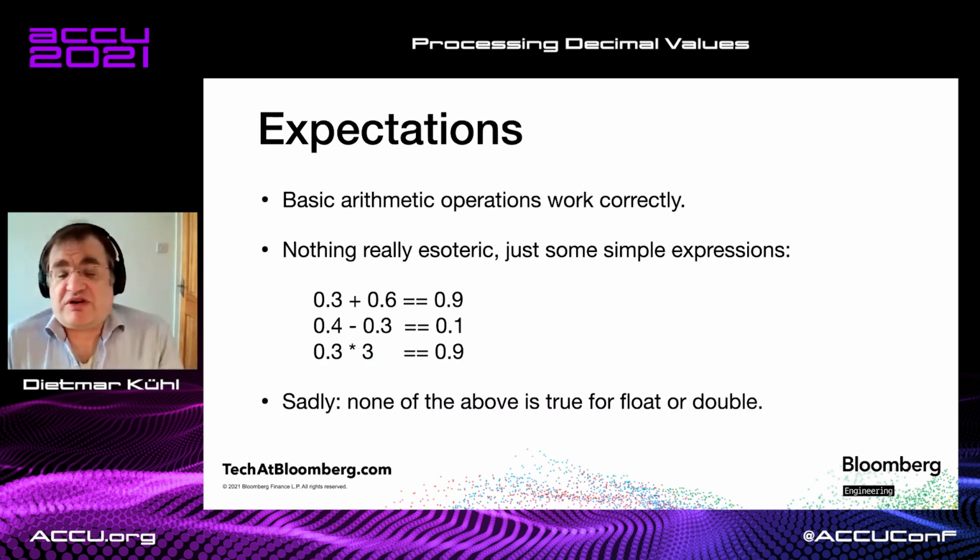So my personal expectations are actually nothing esoteric. I would like essentially basic math like these three expressions I have on the slide to hold true. Turns out none of them holds true in either decimal or float because they're just wrong. Admittedly, for single-digit fractional values, you need to pick a little bit carefully.